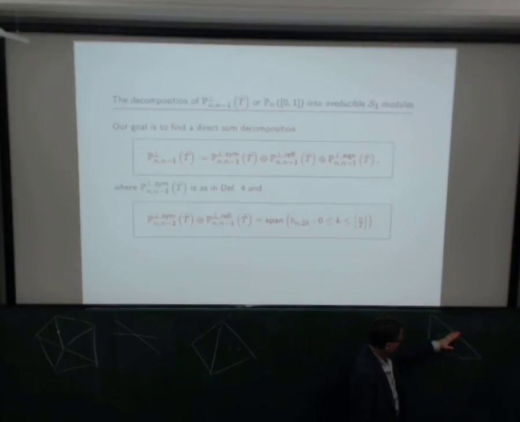So the fully symmetric ones are, of course, a part of the mirror symmetric ones with respect to this angular bisector. But then we need additional basis functions which are only reflection symmetric.